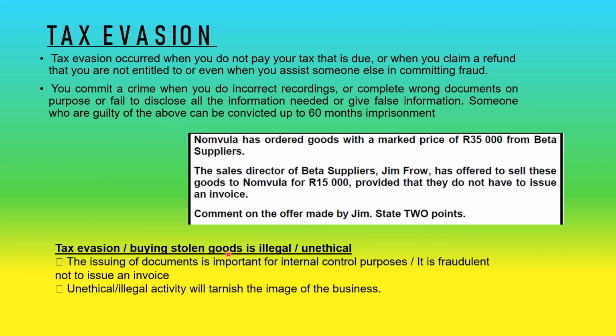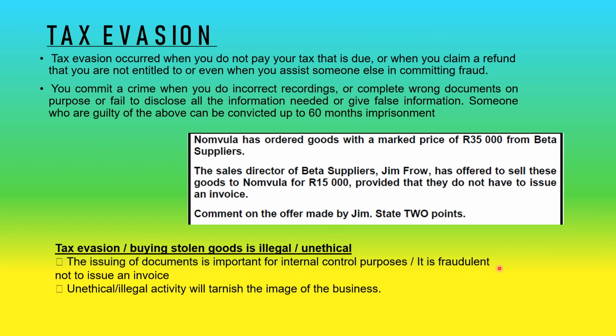So obviously, by doing that, you are evading tax from SARS, because if there is not a valid tax invoice, they don't have to pay SARS the money over. And you will not also be able to claim VAT, and that is obviously fraudulent, and it's unethical, and obviously it can cause business reputation to be damaged. And that is the things that you're supposed to be thinking about when you answer a VAT ethical question.